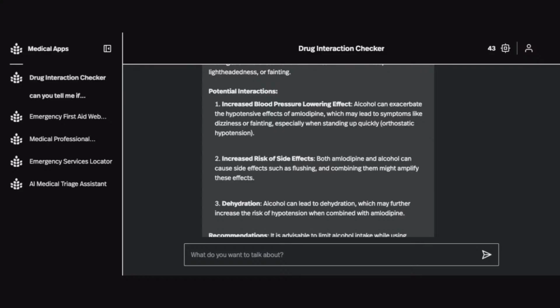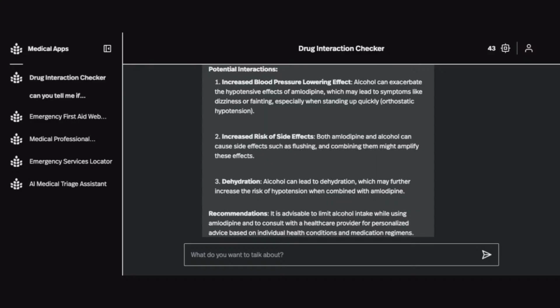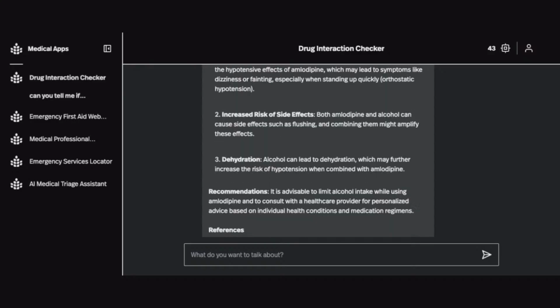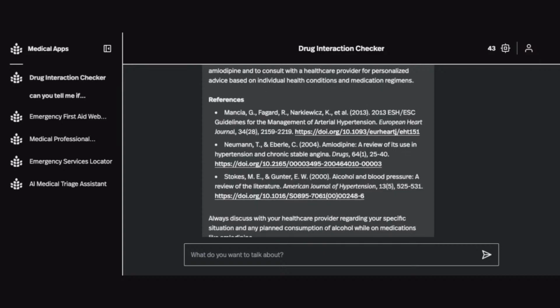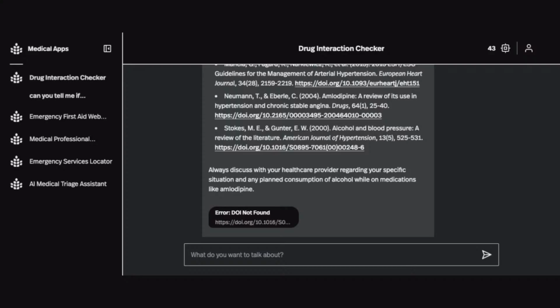And these are the potential interactions here. You guys can pause the video and go through it. And it will also give you references in APA 7th edition style formatting so that you can cross-check the references if you are a medical professional and you want to send this kind of output to your client.